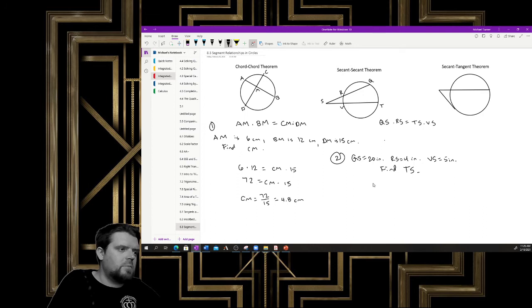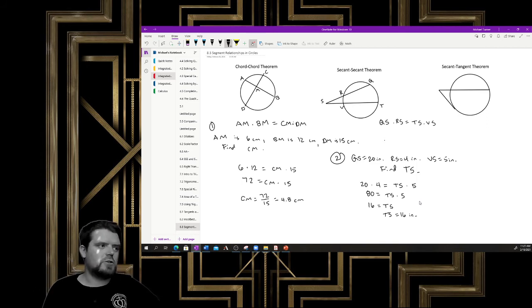So you set this up, you have 20 times 4 equals TS, what you're trying to solve for, times VS, which is 5. 20 times 4 is 80, divided by 5. TS is 16. And then, of course, if you're given the inches or other unit, put the unit. So TS is 16 inches.